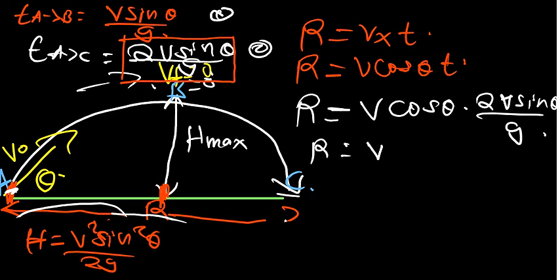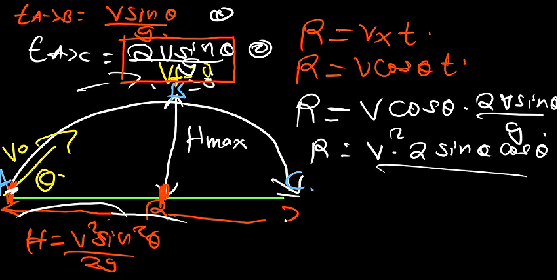Then I'm going to have 2 sine theta cos theta divided by G. So we have got an identity here. When you start trig, you are going to understand, by those who are doing ADMA, this is an identity. I can replace this with something else. I can replace this with what?